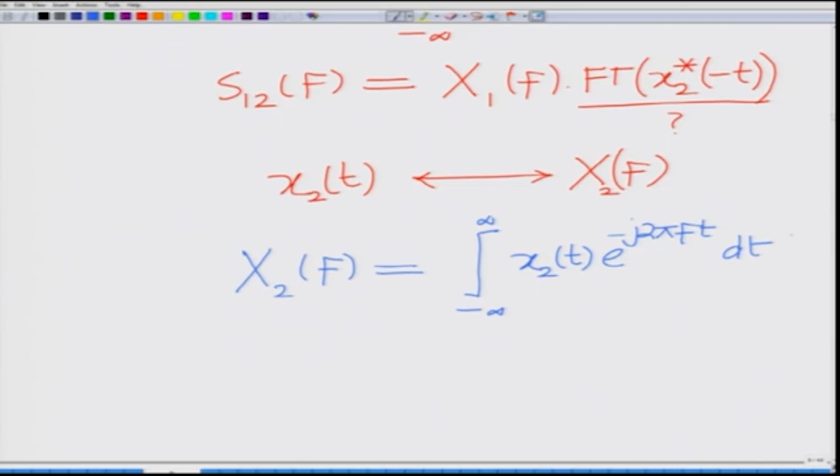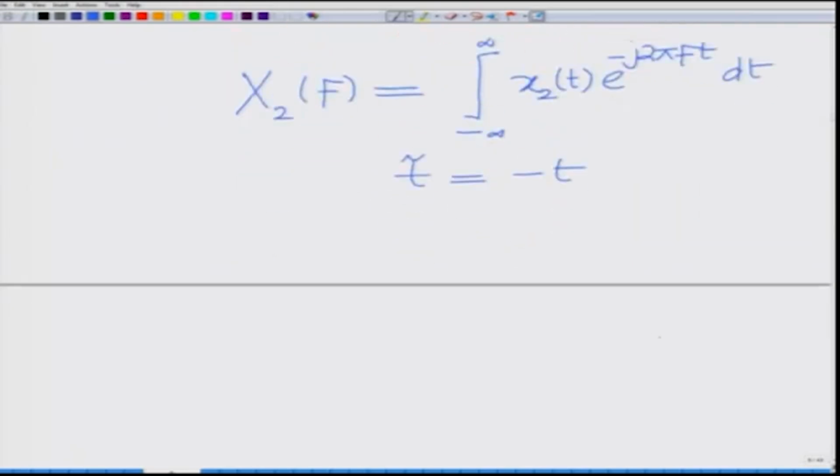Now, if I replace t by minus t, let us say t tilde equals minus t, then dt tilde equals minus dt.